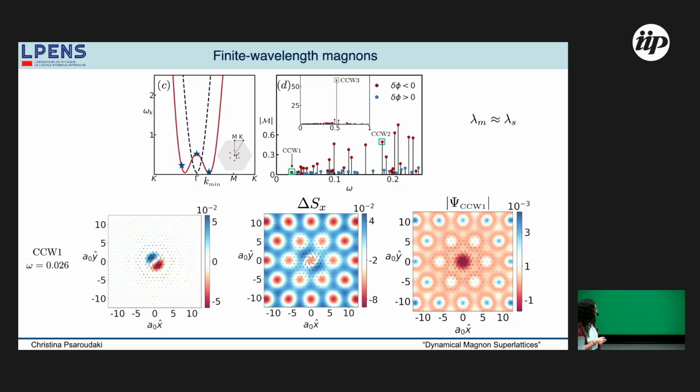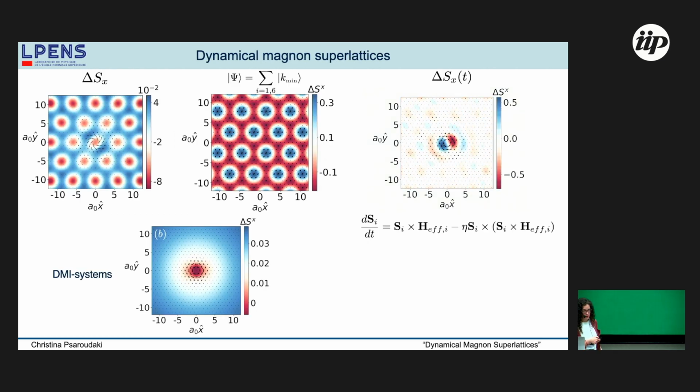There are six of them in this example that correspond to translations in the six directions of the hexagonal lattice. They're all degenerate, so they live at the same energy. I can take superpositions of those states, and if I do that, even in a ferromagnet, I'll get a pattern that looks like that.